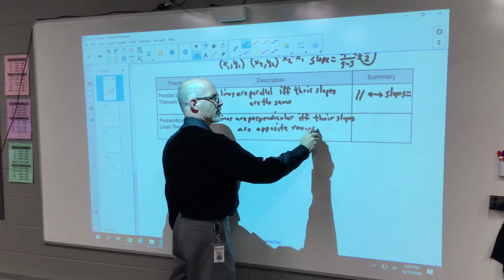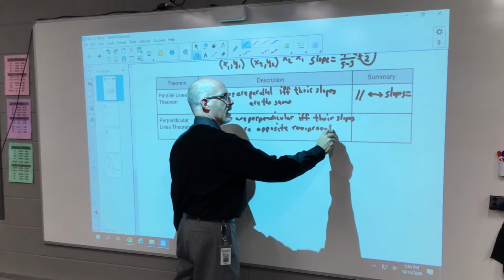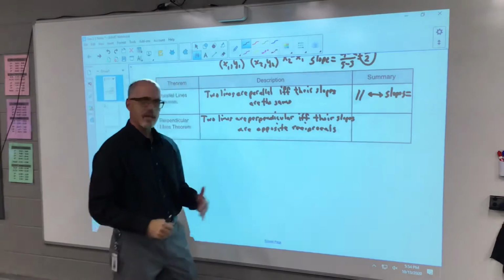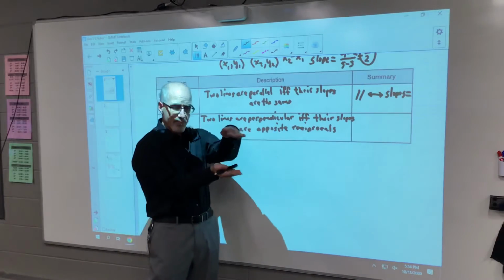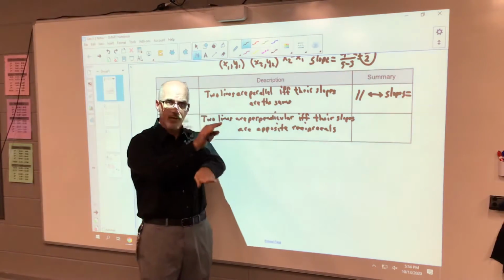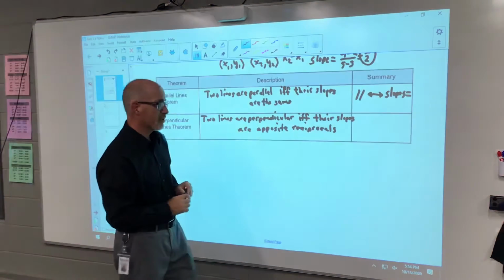Okay, there's some terms for you. Opposite meaning if one's positive, the other one's negative, or vice versa. Reciprocals means as a fraction, you flip it over. So we'll do some examples here in just a moment.